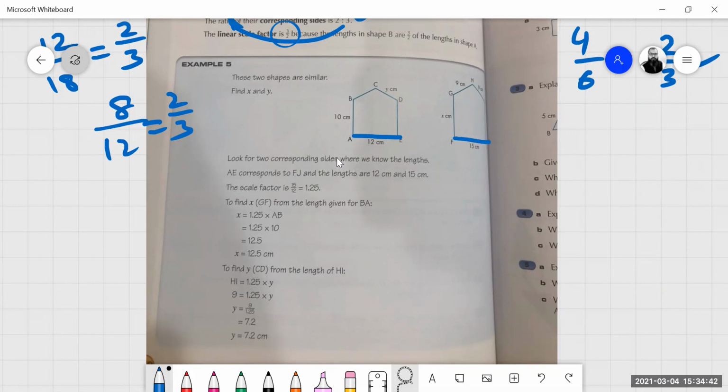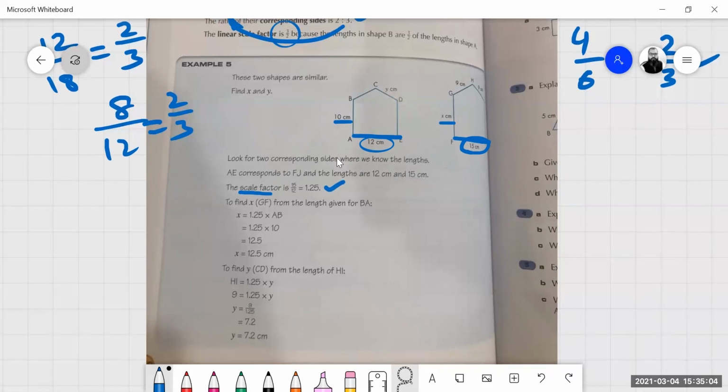We want to compare because we want to find x from here. First, we will find the scale factor, 15 divided by 12. This is called the scale factor.